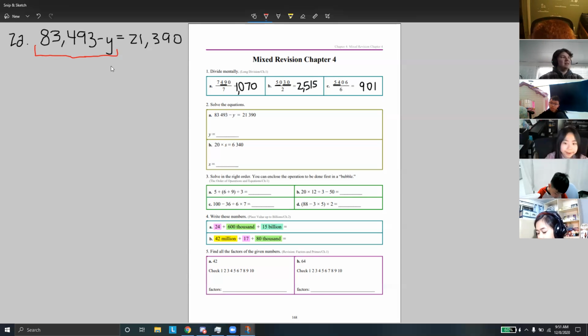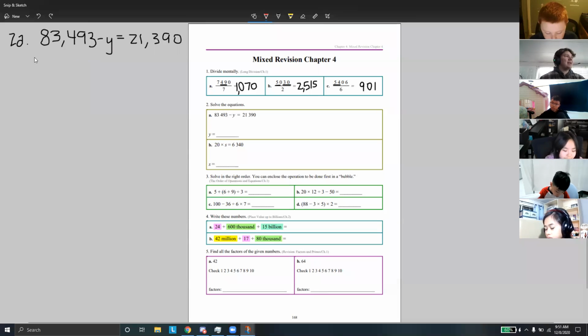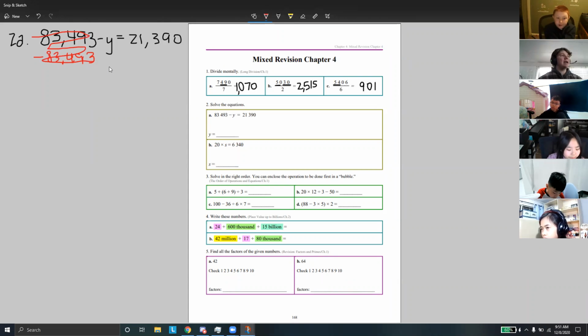Ooh, this is going to be a little bit tricky. The reason is because I guess we could do minus 83,493. The problem is if we did minus 83,493, this would cancel out, but on this side, we'd have a negative y. And so this is what we're going to do instead.